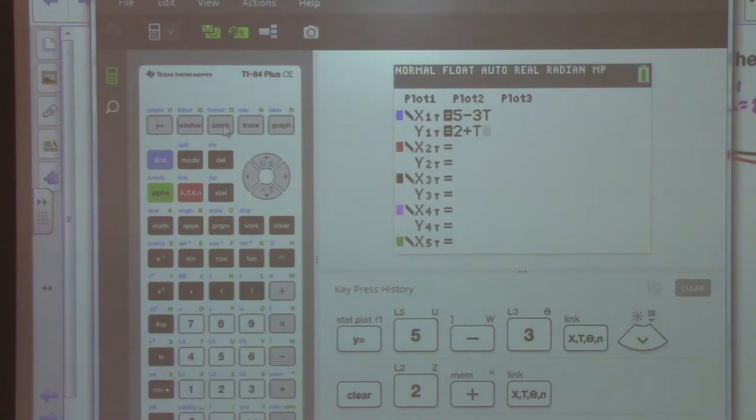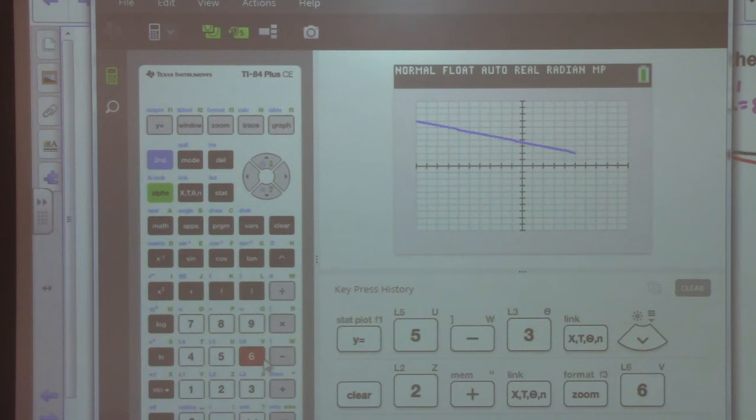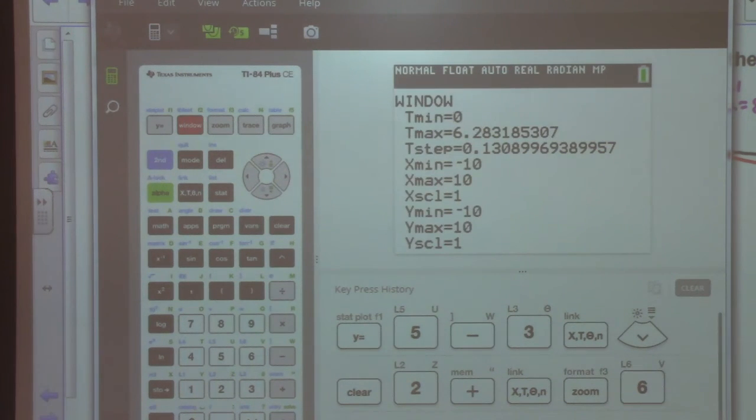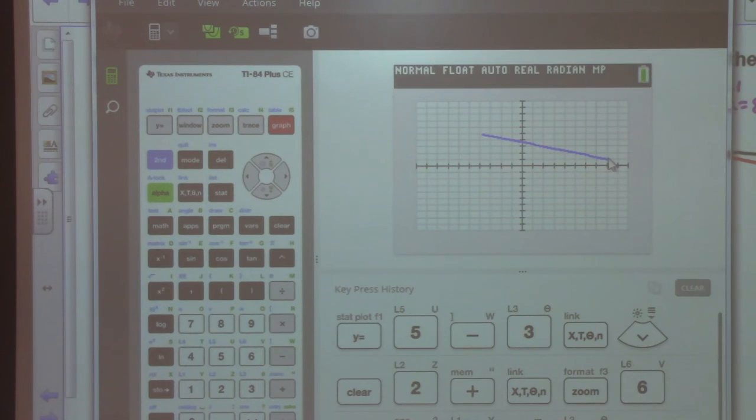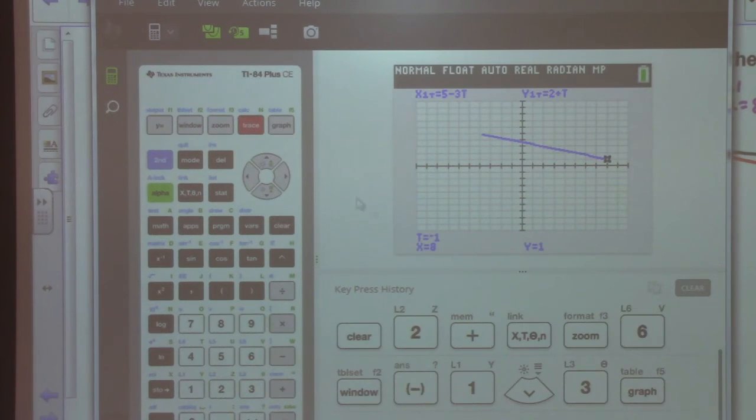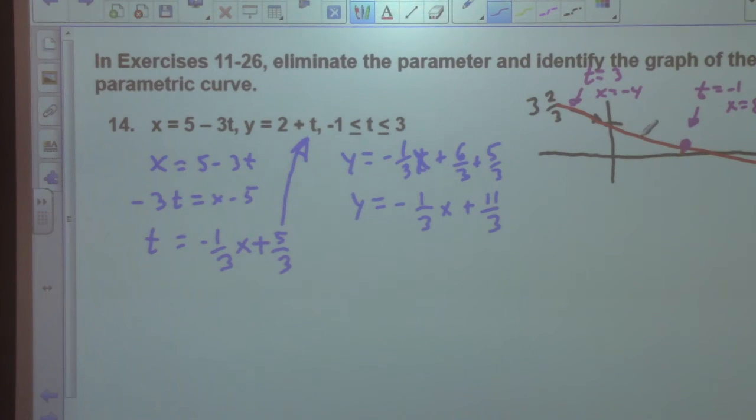And we graph. I'm going to go to zoom 6, get a standard window. I haven't changed the window yet, right? It's -1 to 3, isn't it? Yes. So now we graph. So that looks perfect, right? So here we have t equals -1 all the way up to t equals 3, and you can trace. If you trace, you start here at t equals -1 and go in this direction, right? So that means our arrow is going like this.